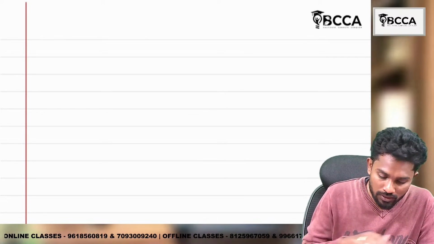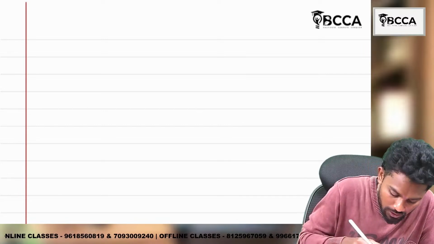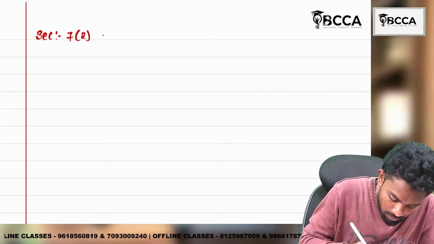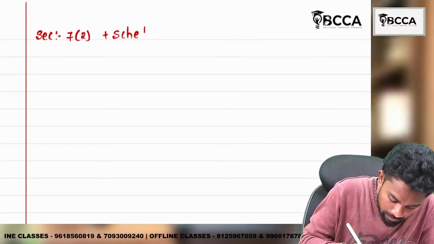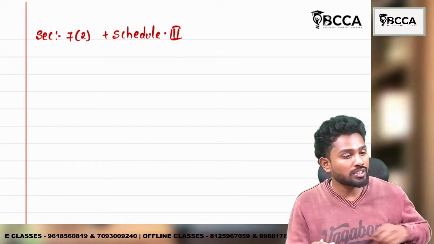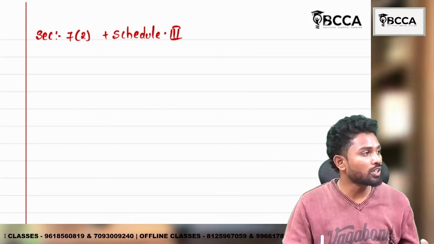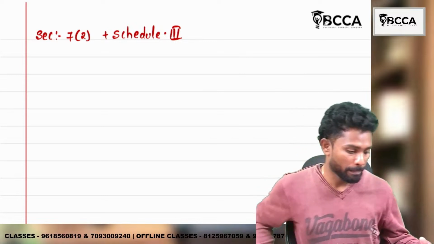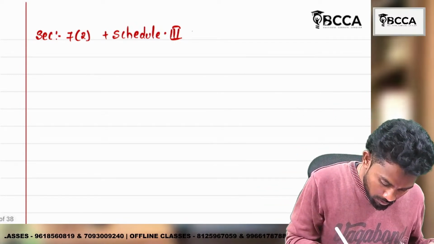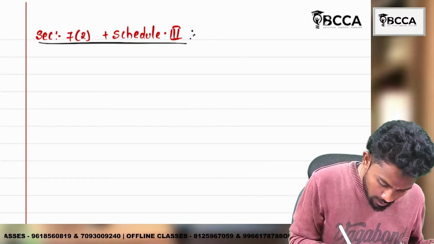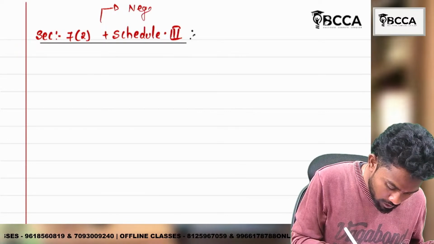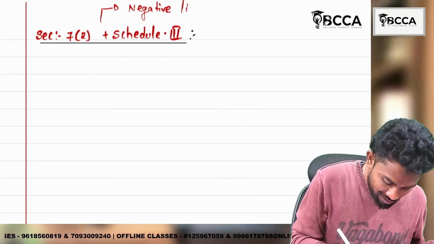Okay, so let us start with Section 7 subsection 2 along with Schedule 3. This we also call the negative list. The transactions covered in Schedule 3 are also called the negative list.